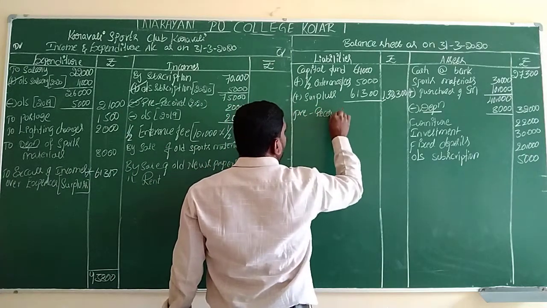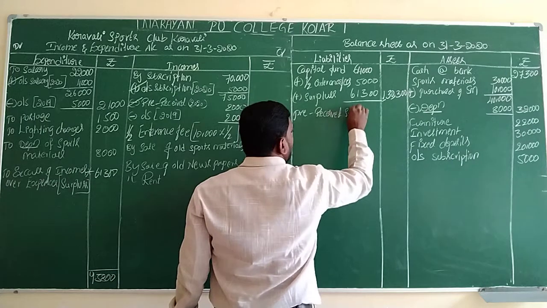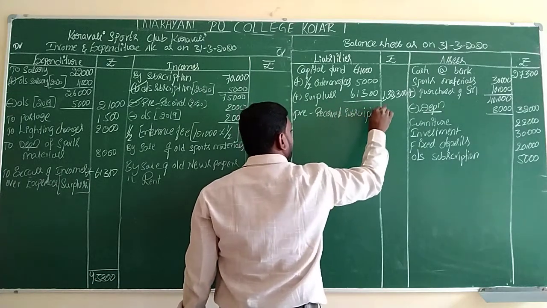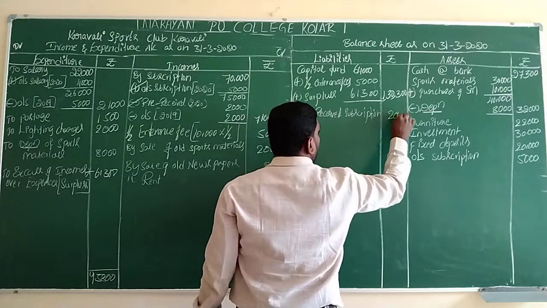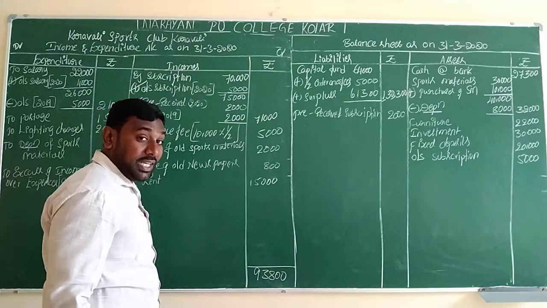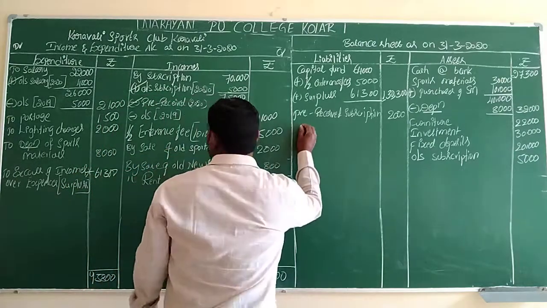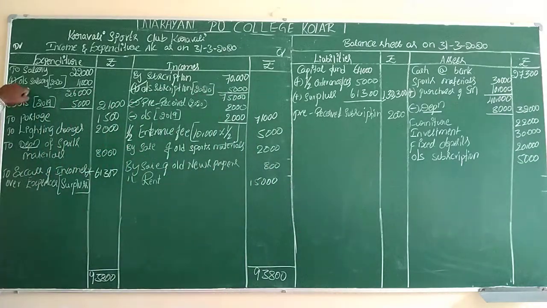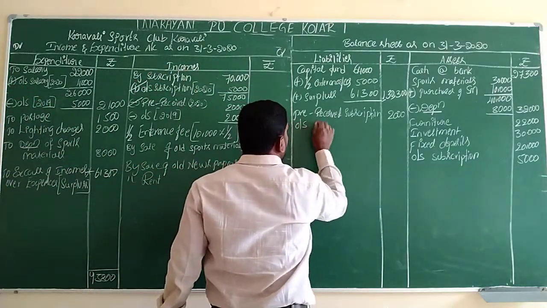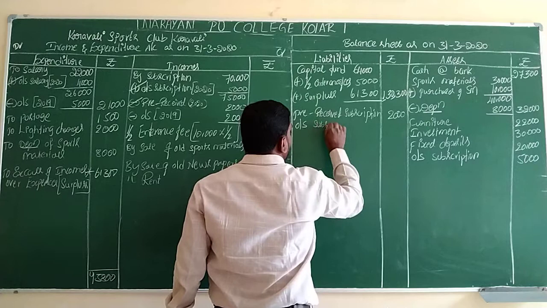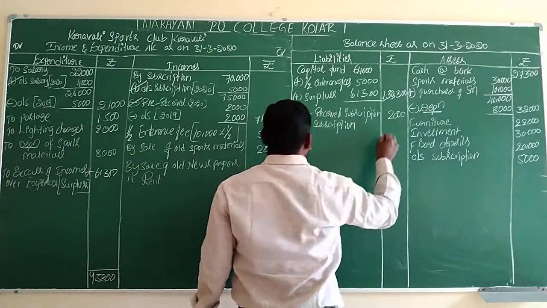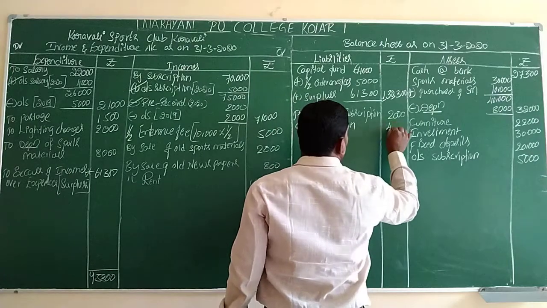Pre-received subscription, that is 2,000. Adjustment number 3, outstanding salary, once added to the expenses, again it should be considered as a liability. Outstanding salary, the value given is 4,000.